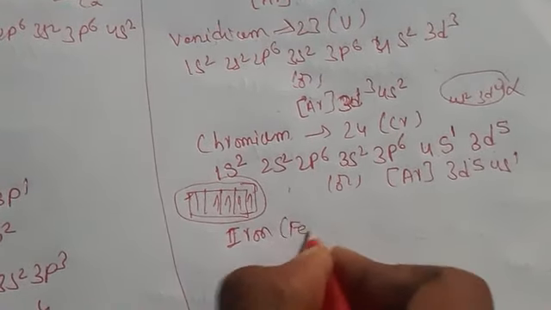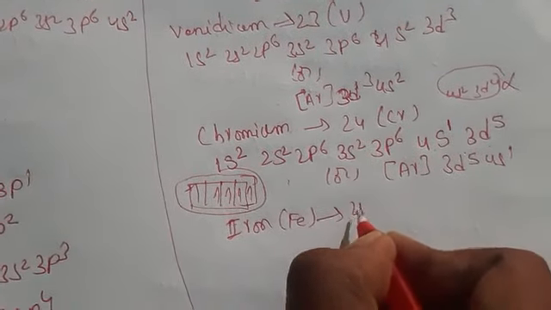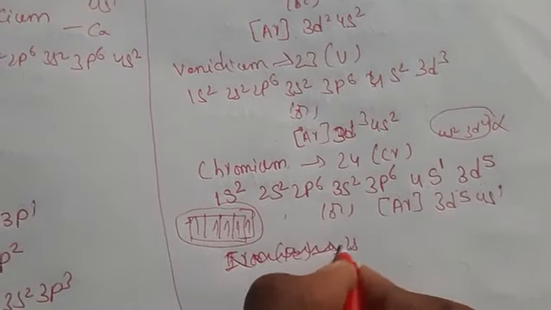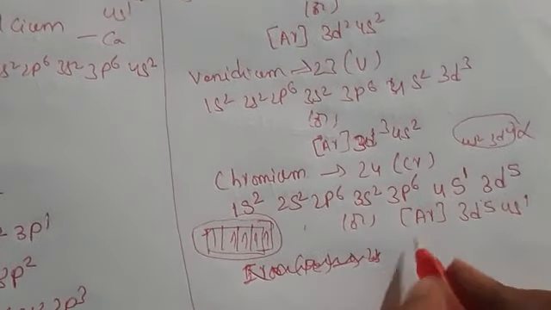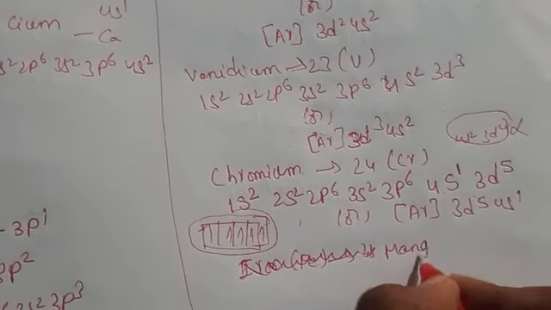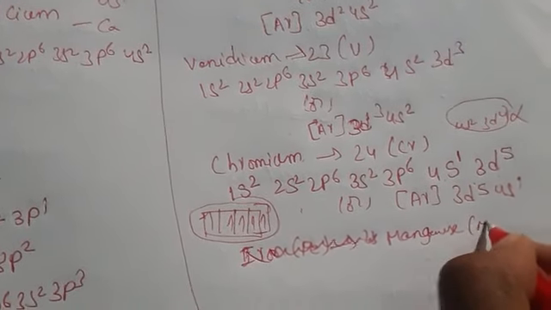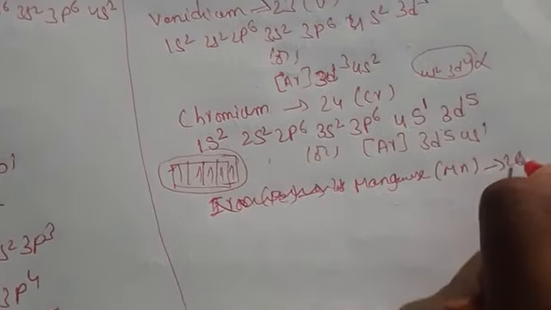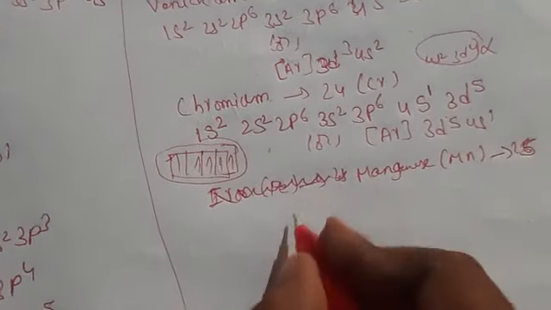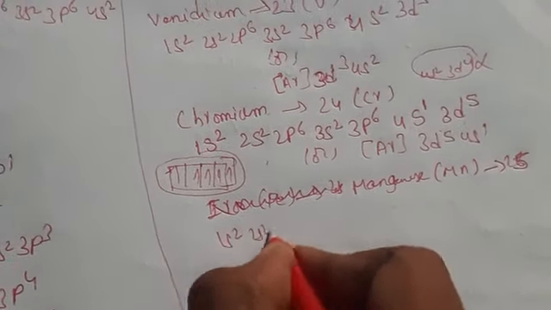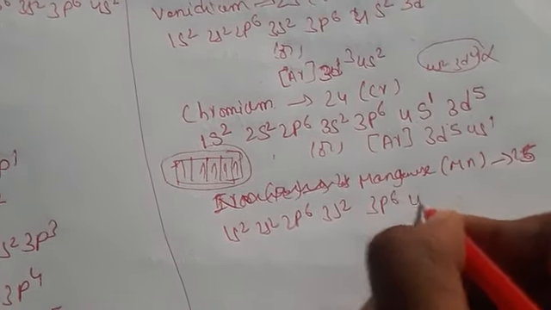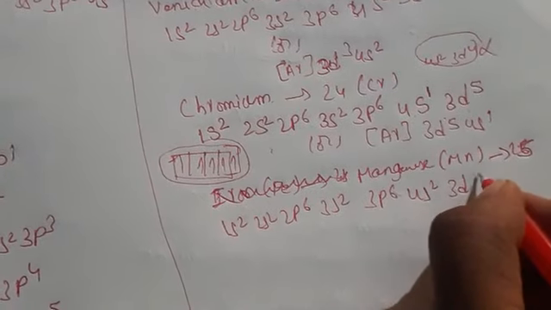Next coming to manganese, Mn, we have atomic number 25. So we can write similarly 1s2 2s2 2p6 3s2 3p6 4s2 3d5.